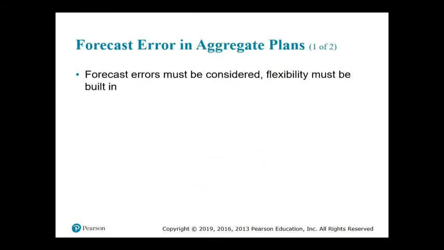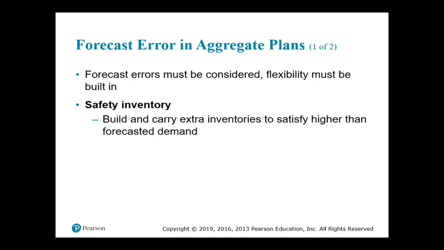This can be done by building flexibility, and flexibility can be built through either safety inventory or excess capacity. Safety inventory is just increasing the inventory level at the beginning of each period, so that when demand is higher than expected, we can still satisfy it.